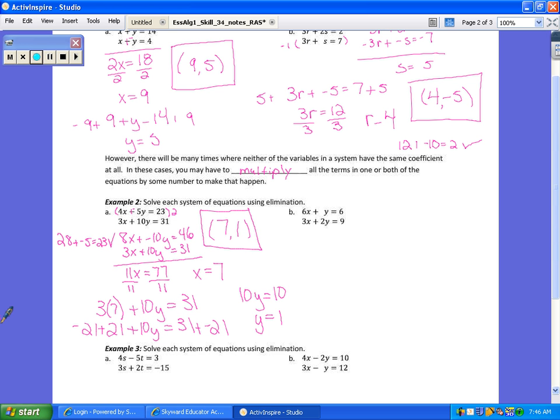Example B. Once again, if I add straight down, I don't get a variable to drop out. If I look carefully, I can drop out the y if I multiply the top equation by a negative 2.